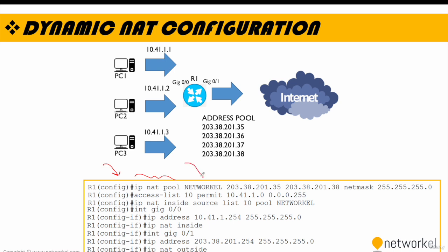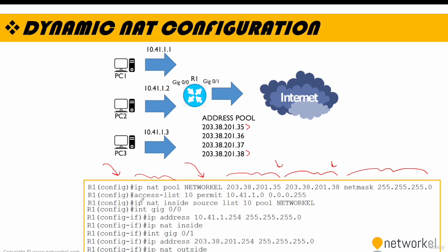I'm giving a name for my pool, then I am defining the IP address range for this pool. For this example, it is from 35 until 38, you can see here. Then I am assigning the netmask, basically the subnet mask that I want to use for my public IP space.